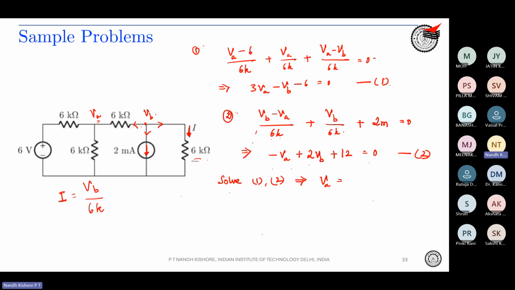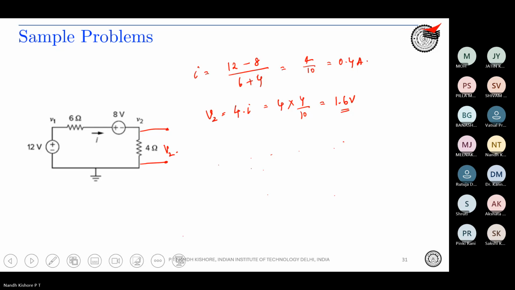So I'm getting 6 volts for VB. VA is 0 and VB is 6 volts. Therefore, I is 6 volts divided by 6K, which is basically 1 milliampere.